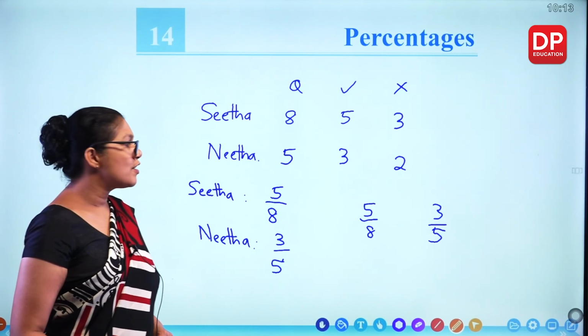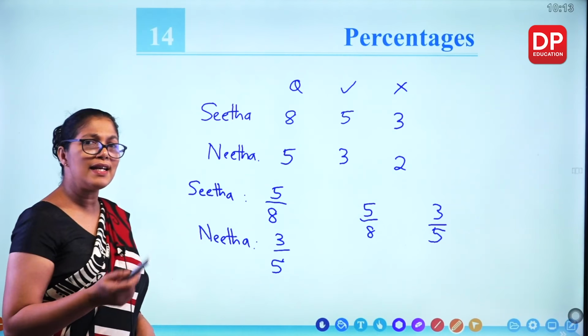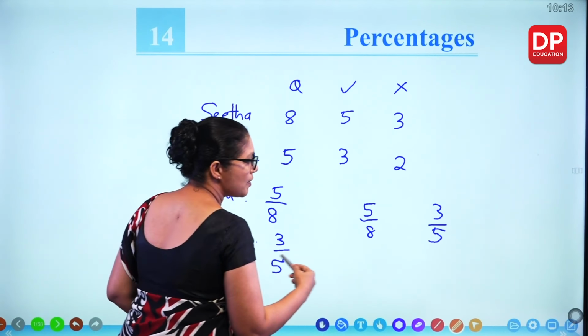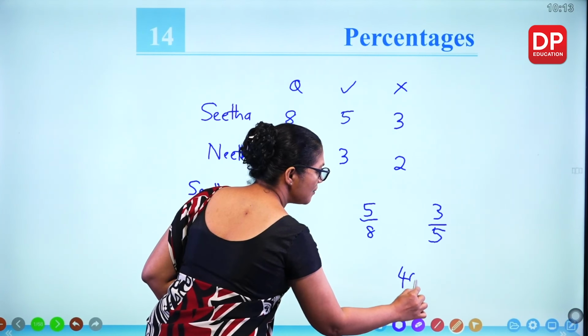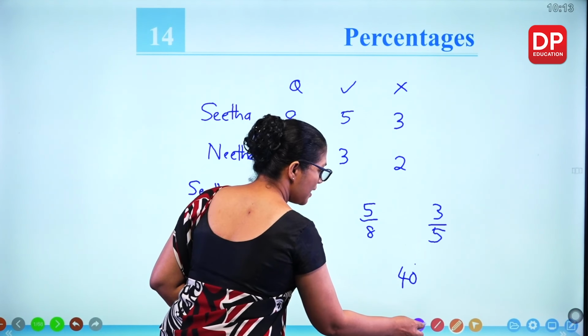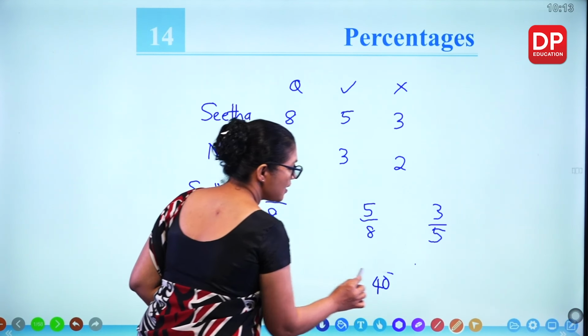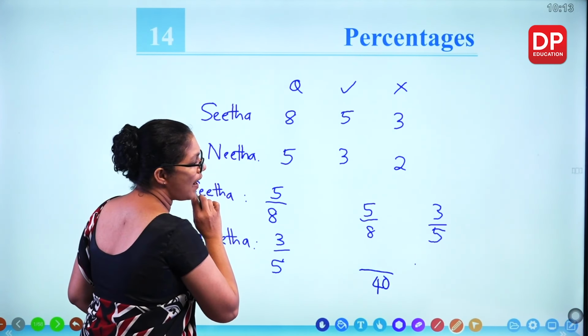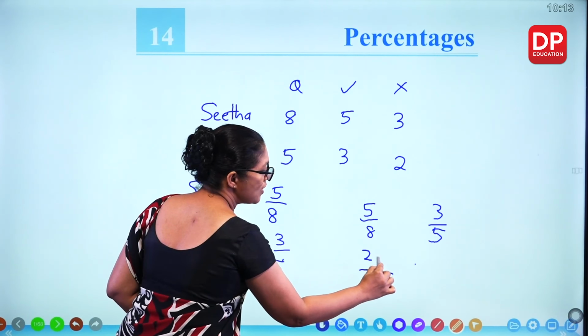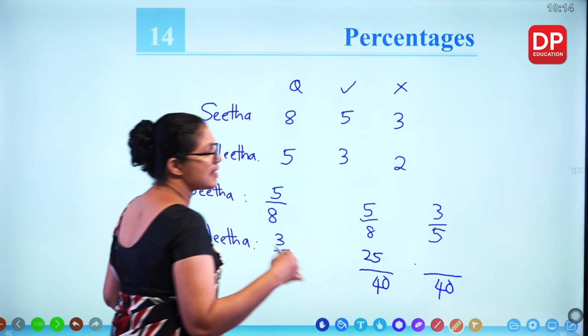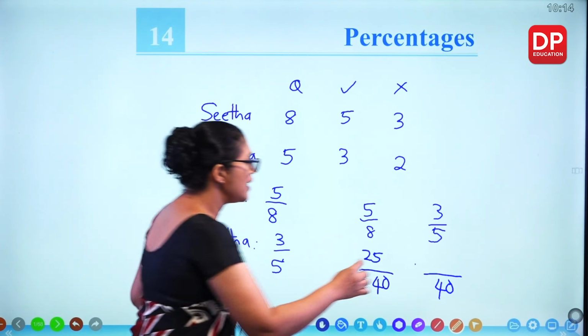If we can convert to the same denominator, we can compare. So here, what's the common denominator? Lowest common multiple is 40. So I can take this one as 40. That means multiply by 5. 5 times 5, 25. Here, out of 40, what's the value? 8 times 3, 24.